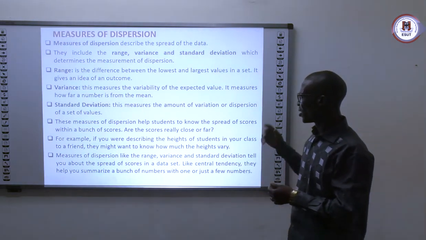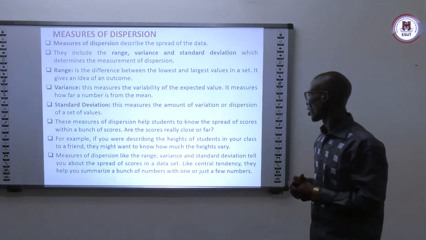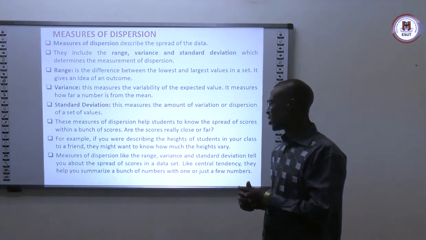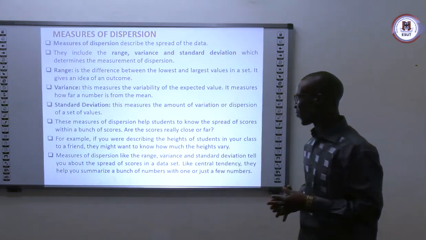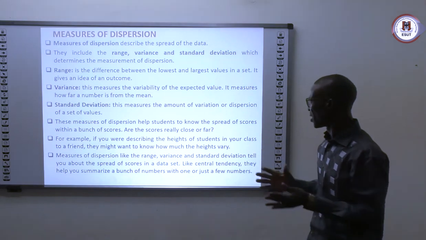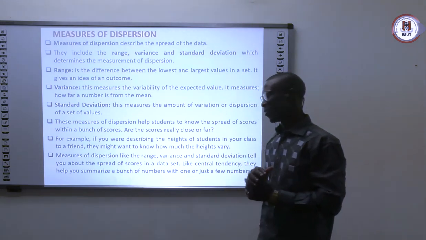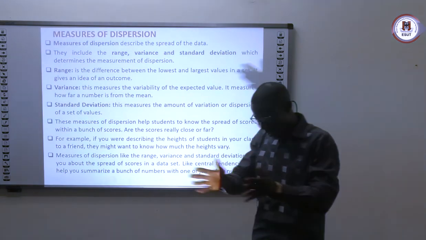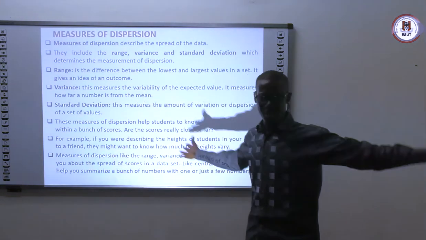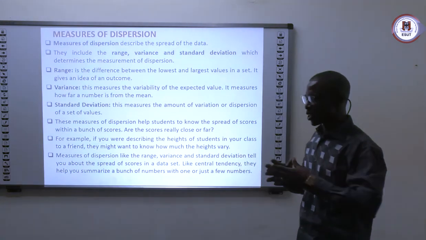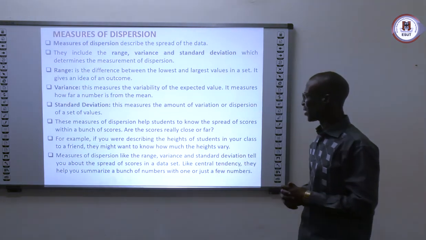But the standard deviation, in the other way, measures the variation, the spread of a data set, the dispersion of a set of values. How has this data spread across the board? How dispersed are they as a whole?